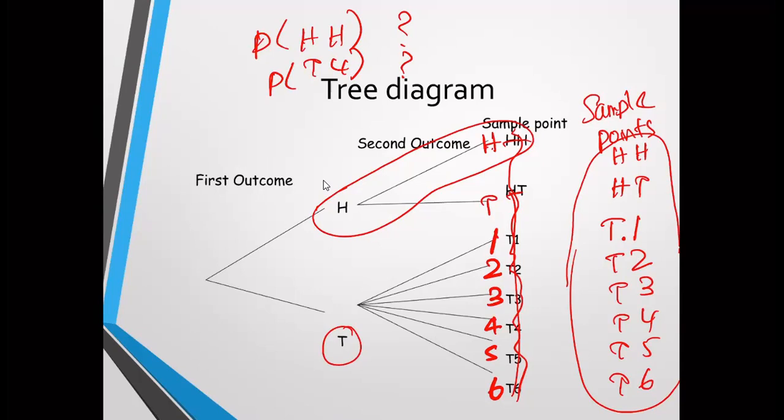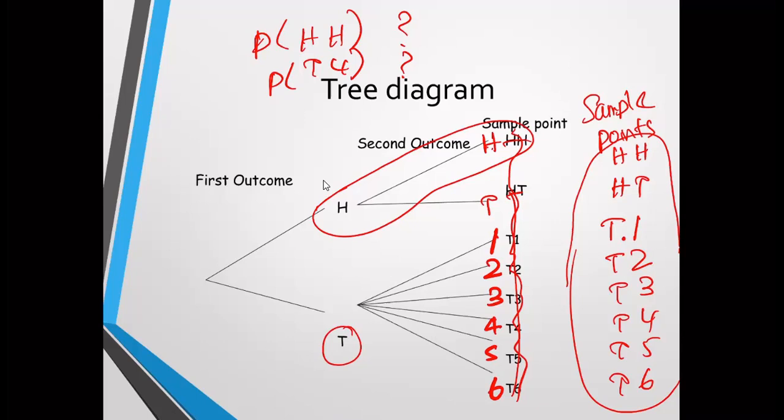Therefore, I told you if we have this type of situation, it's better to draw a tree diagram. So using a tree diagram, we can list all possible sample points or possible outcomes for the experiment, and we can easily assign probabilities for those events or outcomes. That's why we draw the tree diagram for this situation.